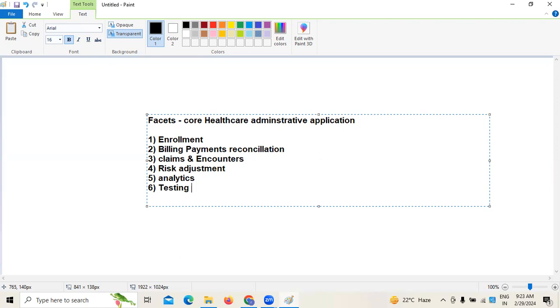Now, when it comes to the fourth one, which is about risk adjustment, we need to understand the kind of risk adjustment initiatives, by analyzing the different encounters and extracting data charts and all that, by reviewing all that. At the same time, we also require an idea of creating the workflows used to analyze supplemental codes submitted to state or CMS edges and all that.